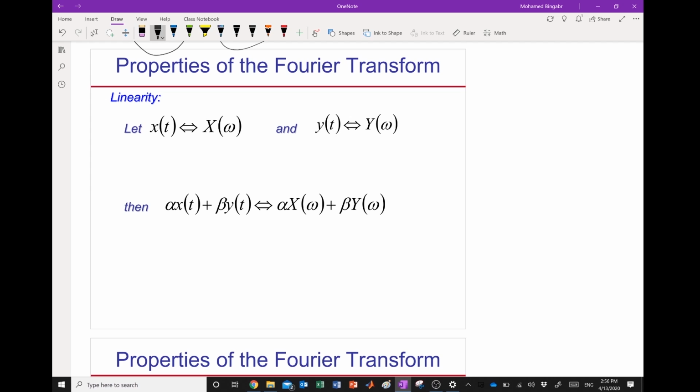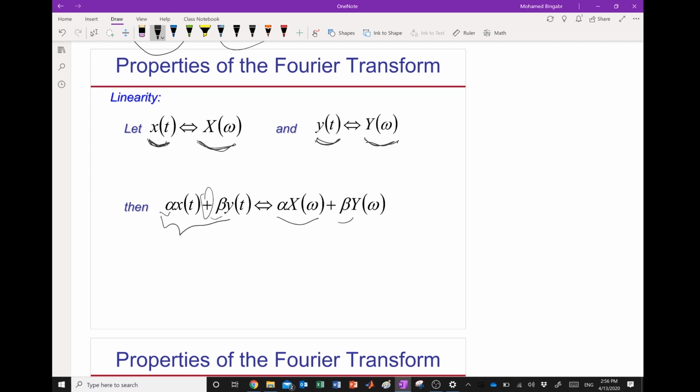The first is linearity. If you have a signal x of t with Fourier transform X of omega, and another signal y of t with Y of omega. Now, if I add these two signals in the time domain, x of t and y of t, and multiply each one of them by a scalar, like alpha x of t, beta y of t, then the Fourier transform of this new signal will be just X of omega times alpha plus Y of omega times beta.